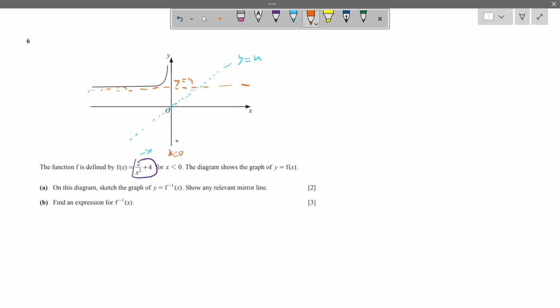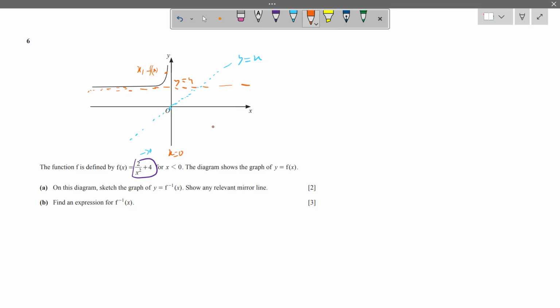All right, so what do we do here? Well, because the graph of inverse f of x is the mirror image of the graph that is available to us about the line y equals x, what it means is in the new graph, this here would be x comma f of x.